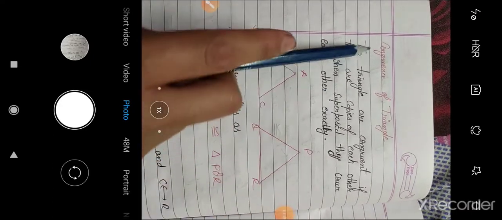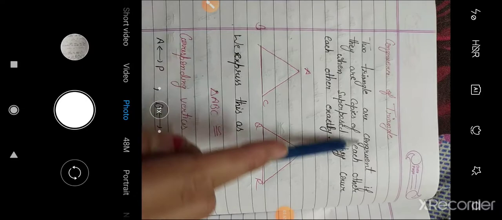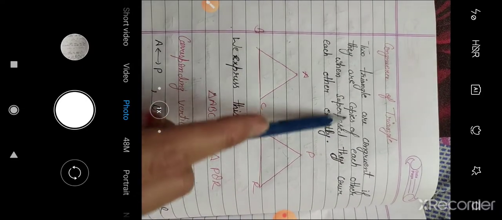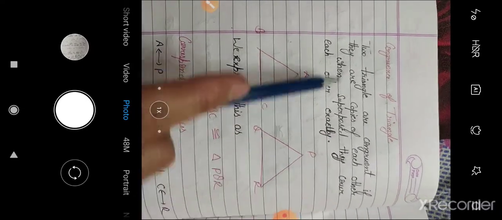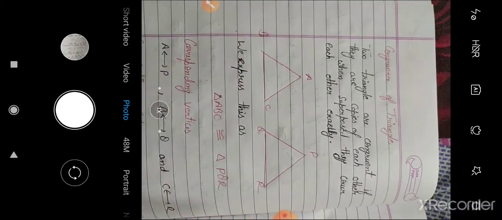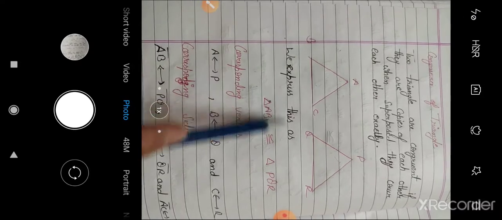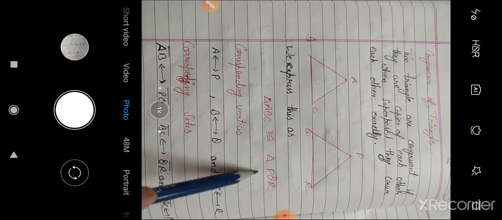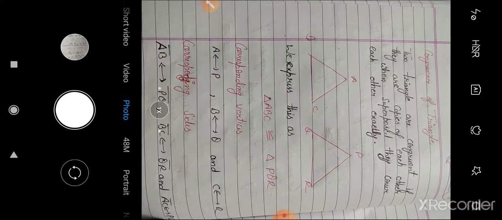Our next topic is congruence of triangles. Two triangles are congruent if they are copies of each other. When superposed, they cover each other exactly. And we express this as triangle ABC is congruent to triangle PQR.